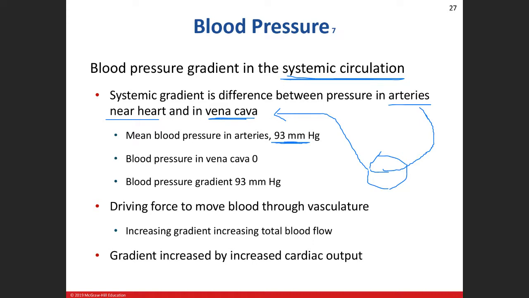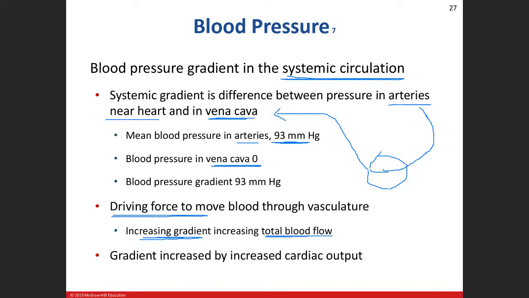So this is the driving force, this pressure gradient, this difference: 93 millimeters of mercury in the arteries, and 0 millimeters of mercury in the vena cava. That driving force is going to move blood through your systemic circulation. So if we increase the gradient, we will therefore increase what we call total blood flow.